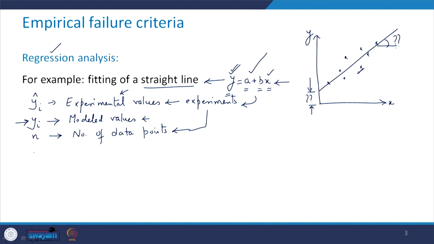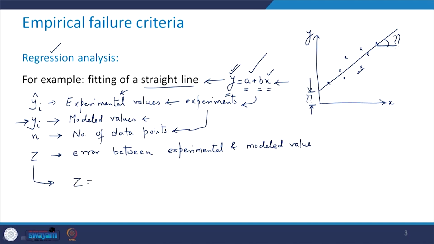So I define another term z, the error between the experimental and the modeled value, which is defined as z equal to summation i equal to 1 to n, because n is the number of data points, of yi cap minus yi whole square.